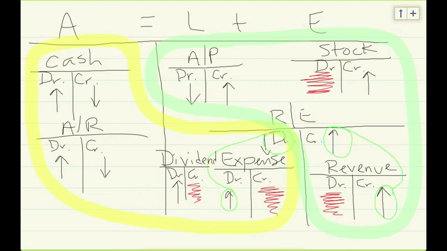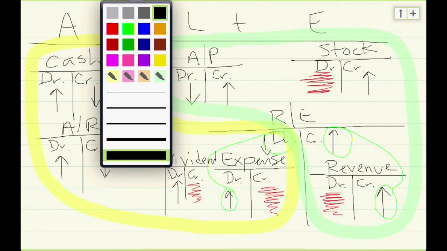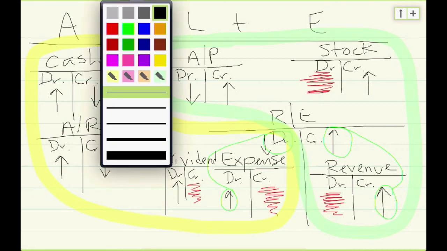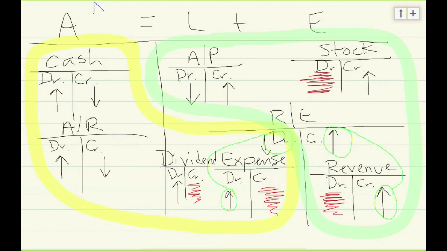There's one other term that we need to get in here while we have this in front of us. And that term is what's called the natural or normal side of an account. I don't have a whole lot of room here, but we'll write it right here. The natural or normal side of an account is the side of the account that makes it increase.